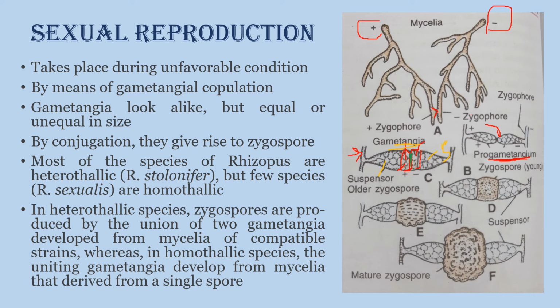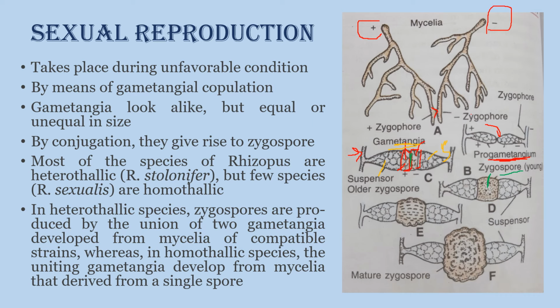After fusion of the gametangia, the zygospore is formed. Actually, after fusion, a prozygospore is formed, and only after it forms a thick wall around it is it converted to zygospore. The zygospore, after it is formed, undergoes a period of rest, and then germination occurs.